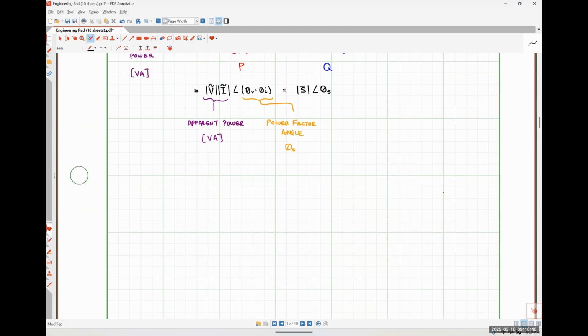So let me explain what I mean by that, okay? So let's work a quick example here. Let's say that I have a sinusoidally excited system, and over here is just some load.